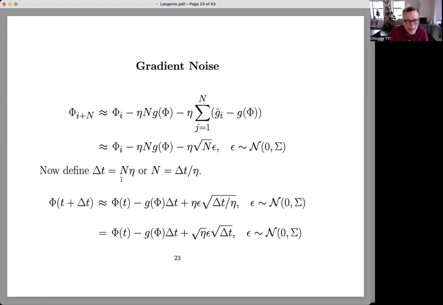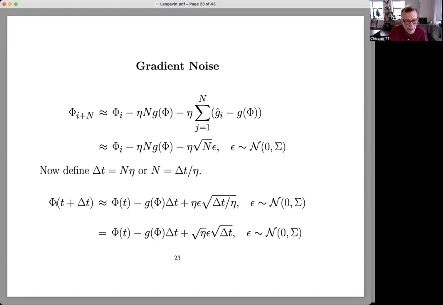So now we're going to take this to be our delta t. And so now we've got an equation that's very much like the equation we had for the Langevin dynamics.